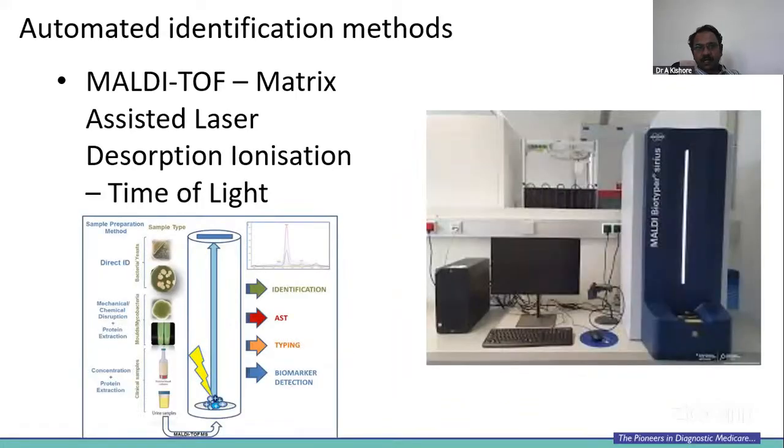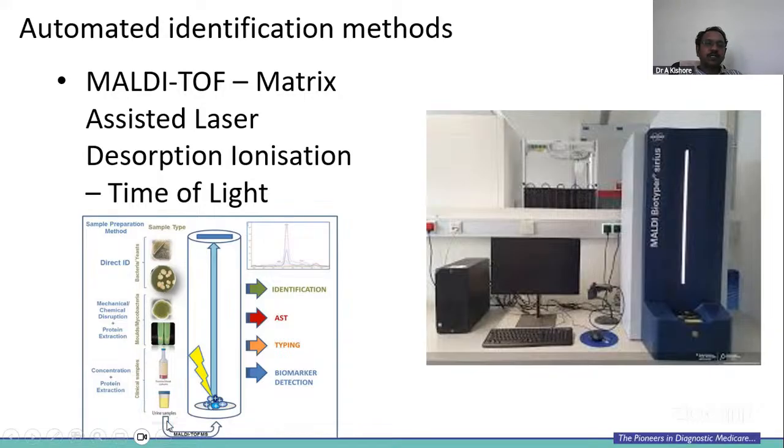There is another instrument called MALDI-TOF, matrix-assisted laser desorption ionization time of flight, which helps to identify organisms. This is mainly based on mass spectrometry. Anything can be taken: a sample directly, the organism directly, or the clinical specimens.